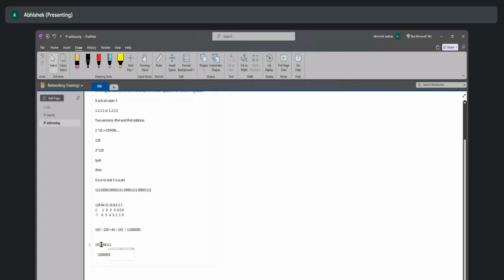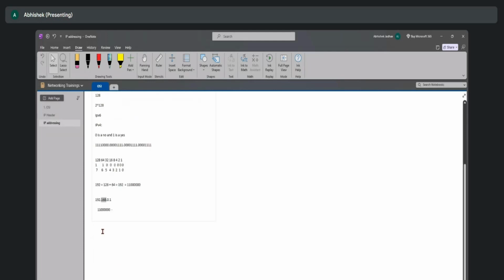Now we have to find the binary of 168. How will you do that? Same process: convert all the bits into the numerical format here and create it like this. Since we need the value 168, we start adding up. For 168, what can you do? 128 plus 32, how much is it?